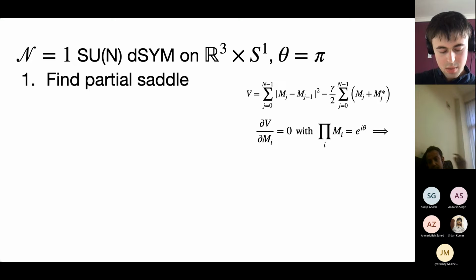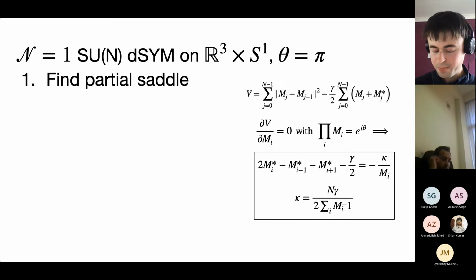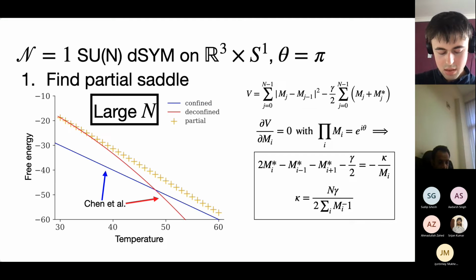We find the partial saddle by solving the equations, and we can do this semi-analytically. Chen and his collaborators before found the confined and deconfined saddles, but what we found is this partial saddle.